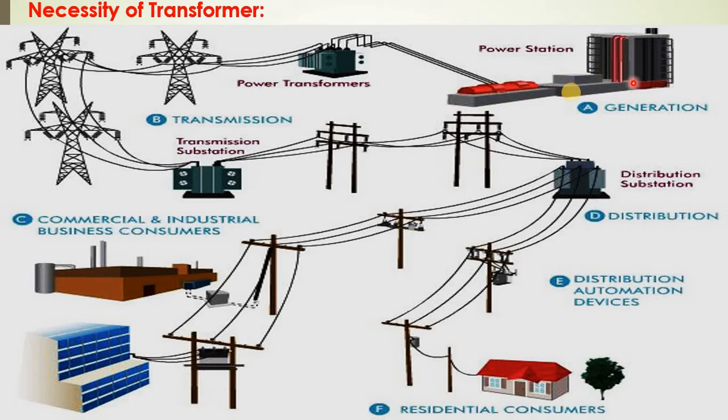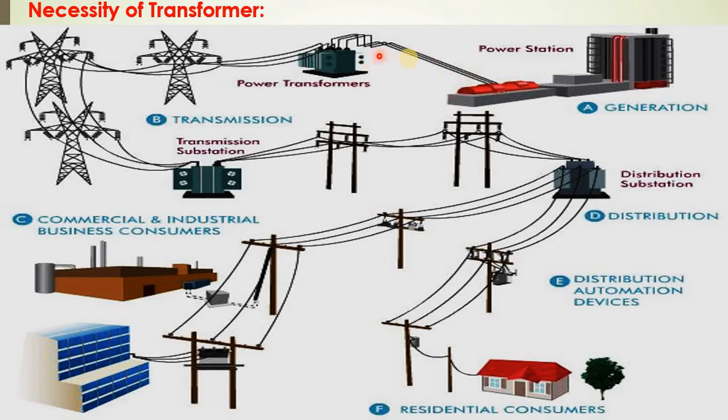In the case of a conventional generating station, that is the thermal power station, nuclear power station, or hydropower station, the generating voltage level is most of the time 11 kV or 6.6 kV, or some intermediate voltage like 9.4 or 9.3 kV.